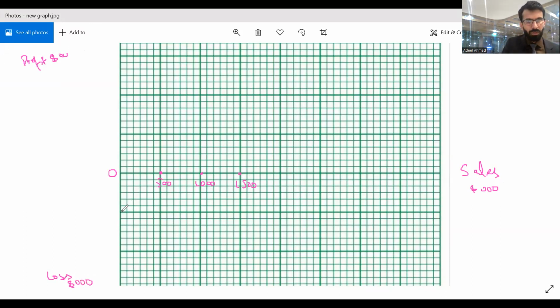And also we can have here the amount of loss. As we know, it will extend up to 200,000, and the profit will extend up to 350,000. I'm talking about the cumulative profit or loss. Okay.